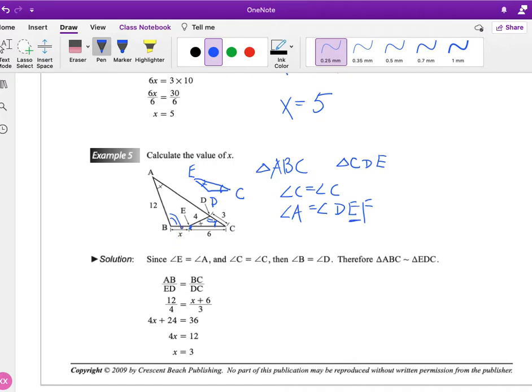So in this case, then 12, this side, over this side. Now, what is this side?